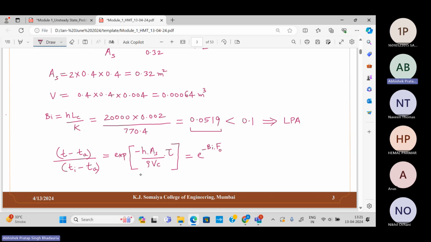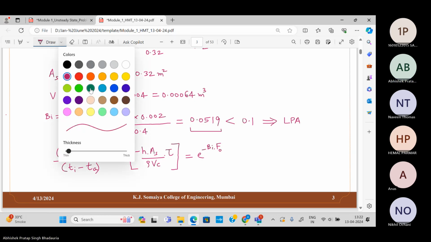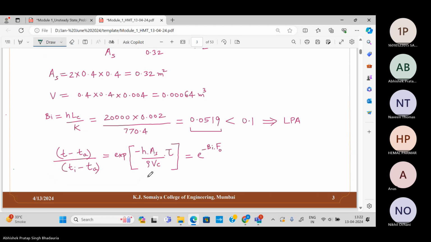So either you use the first expression, e to the power minus hAs over rho V c times tau, or you use e to the power minus Biot number into Fourier number. I am going to use the first one, this one.